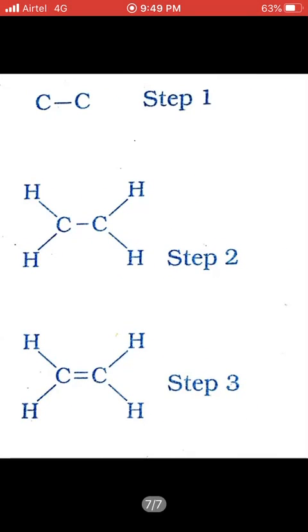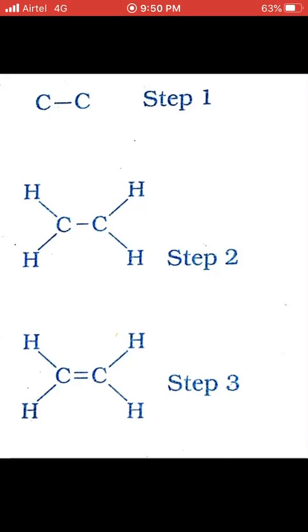You can see the slide here. Step first, carbon carbon, are they saturated or unsaturated? What comes to your mind? In step first, carbon carbon are bound with a single bond, but carbon has a valency 4, and the other 4 points are empty, so it cannot be saturated. Step 2, all are attached with single bonds.